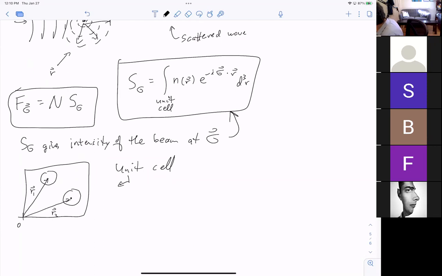But to do this integral, I'm integrating over the whole unit cell. So let's pick an arbitrary point in the unit cell, which is right here. I'll call that point R. And then let's draw it back. That's R. Then let's consider each of these atoms as having separate electron density that contributes to that point at R. And so I'll call this rho 1, the distance from the center of atom number 1.